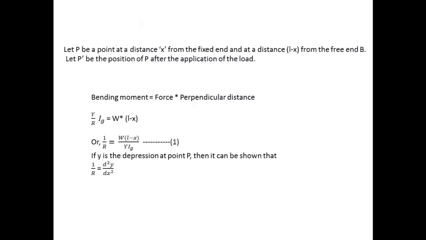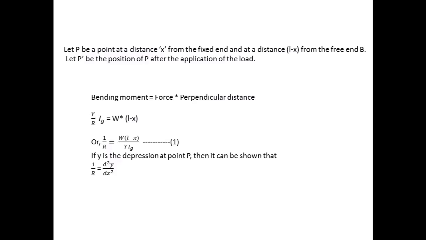We have derived this in the previous video: bending moment is Y by R into Ig, where Y is the Young's modulus of the material, R is the radius of the circle in which the bent beam forms an arc of a big circle, and Ig is the geometrical moment of inertia. This is equal to force into perpendicular distance.